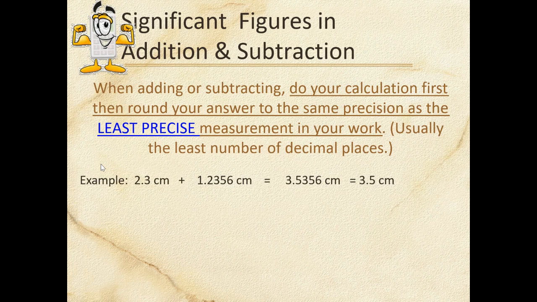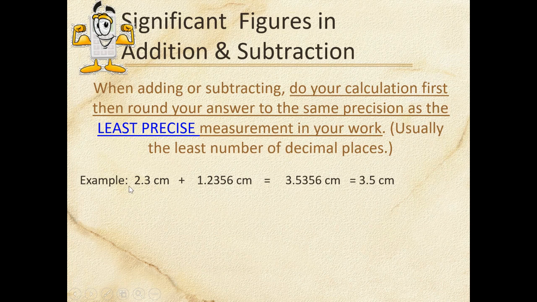For example, 2.3 centimeters plus 1.2356 centimeters equals 3.5356 centimeters. We round that to 3.5. So we use sig figs to round it to the appropriate level. Again, we know how to do this because we go to the least precise measurement.